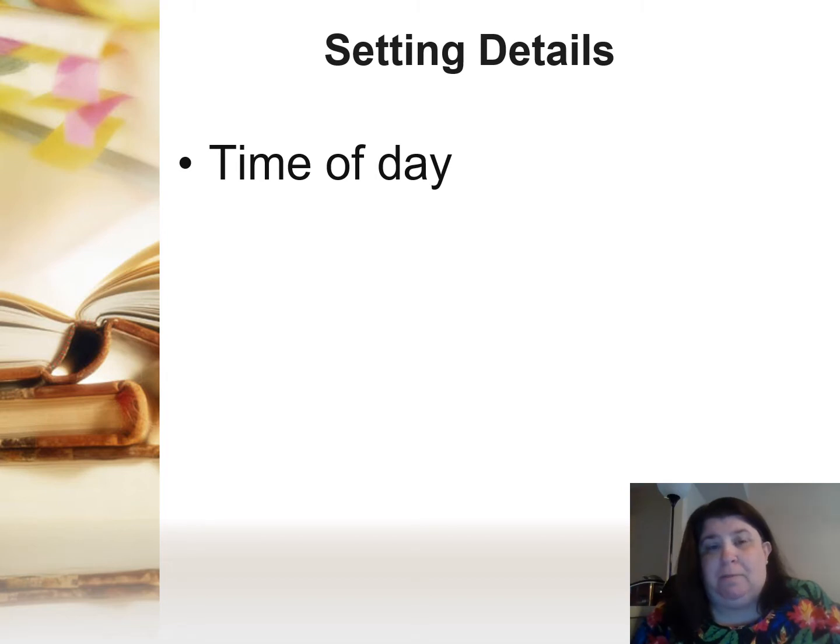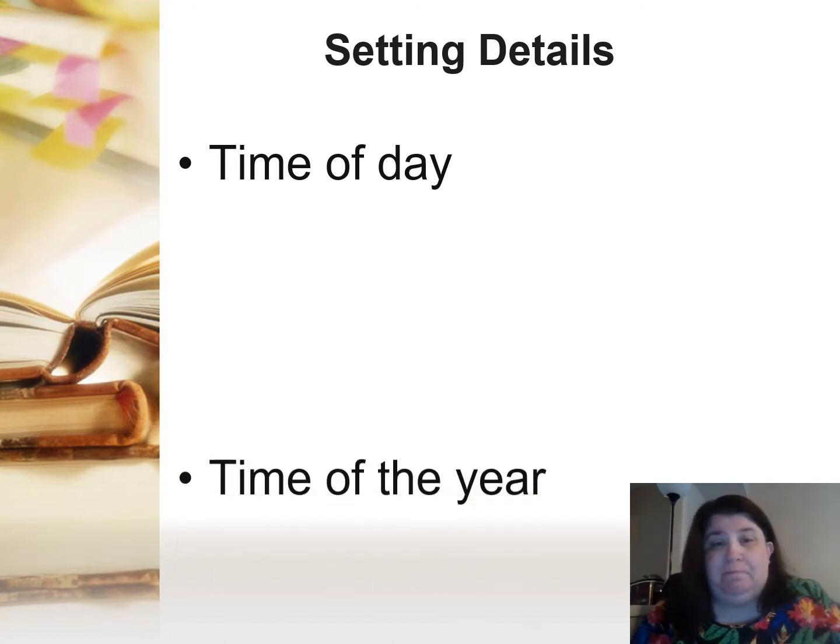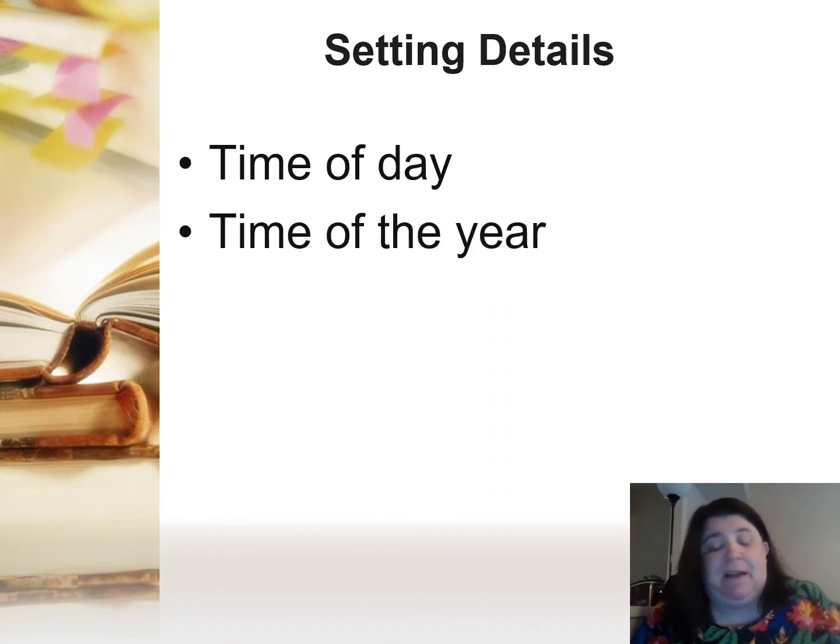So just know that it's not just one time of day for the whole book. The time of the year, did it happen in the fall, in the spring, or when did it take place? And like I said, this could change within a body of work. The setting can alter as you read the story.